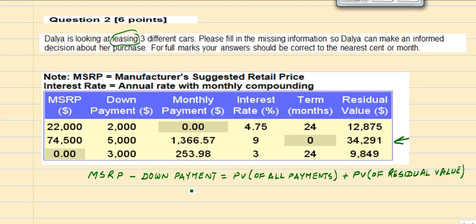Amount of financing is equal to the present value of all payments plus the present value of the residual value. It would help to have a timeline and graphical representation of this problem.